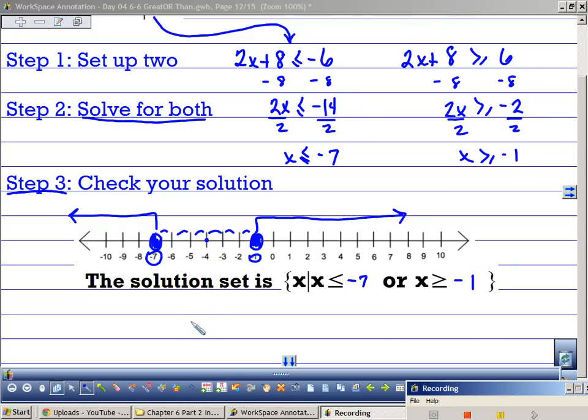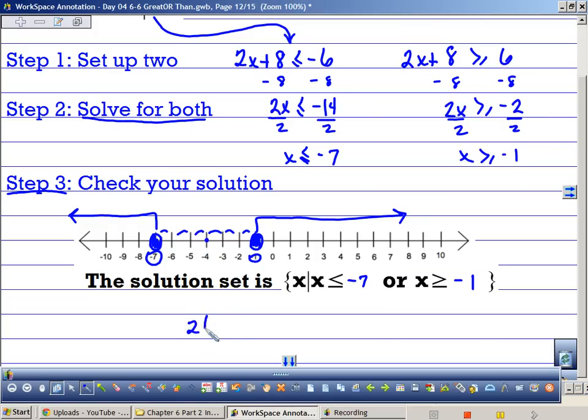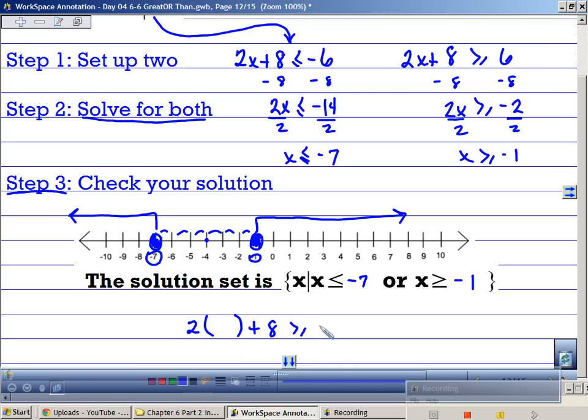So I'm going to say 2x plus 8 should be greater than or equal to 6. And let's say I pick the value of -4. 2 times -4 is -8.